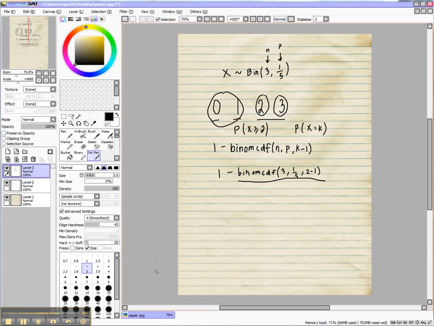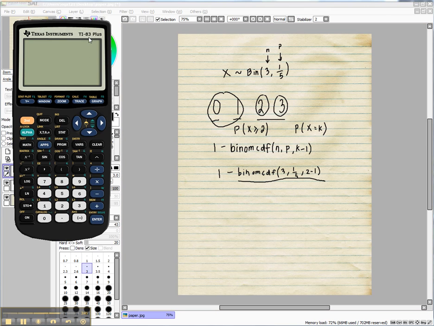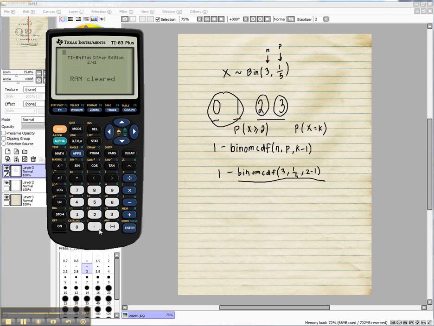So let's just take out our calculator and turn it on and write this out. So 1 minus, and you get to binomial CDF, if you remember, you go to the distribution, and it's in yellow, so you go yellow and this vars button, and then you go all the way down to CDF. Again, it's CDF because you want cumulative.